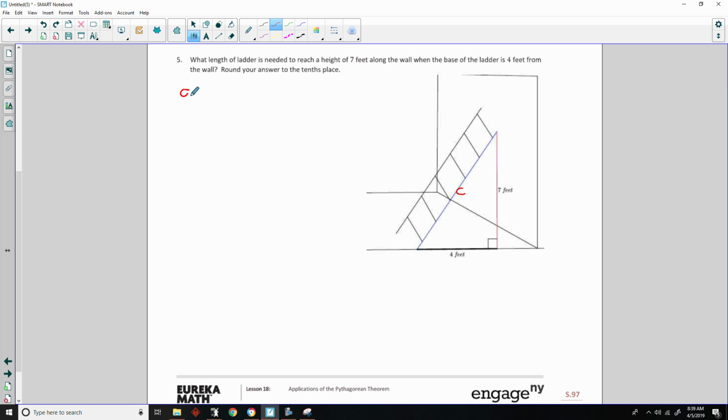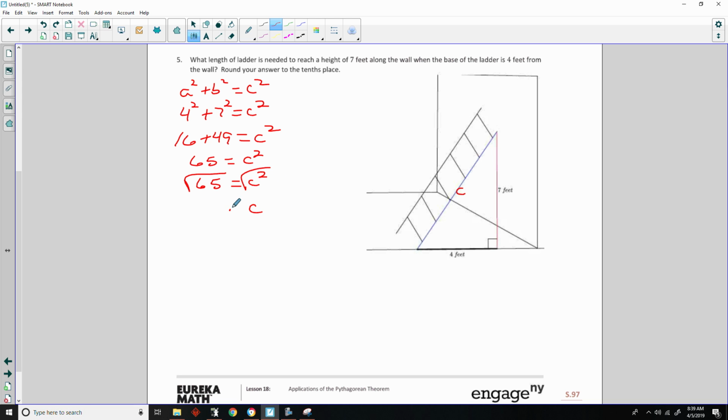So the Pythagorean theorem says a squared plus b squared equals c squared. a, my base, is 4 squared. b, my height, is 7 squared, equals the length of the ladder squared. 16 plus 49 equals c squared. 49 plus 16 is 65, and that's equal to c squared. I take the square root of 65.